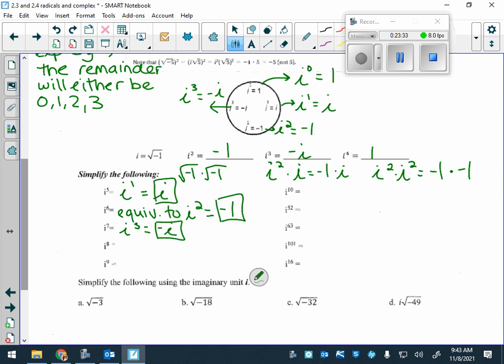Anything left over? No. So i to the eighth is equivalent to what? 1. So it repeats the process every 4. You just have to know if, when you divide, the remainder is either going to be 0, 1, 2, 3. So there's a few I want you to try.